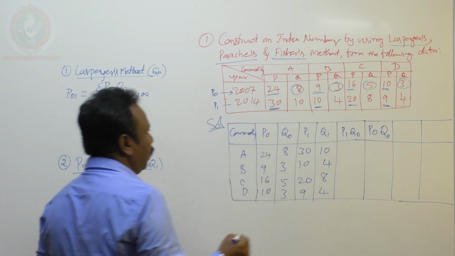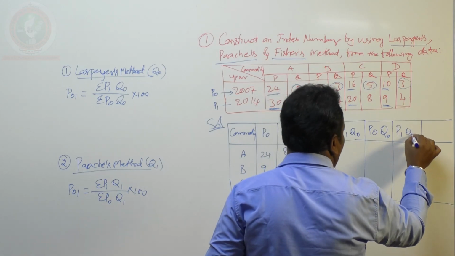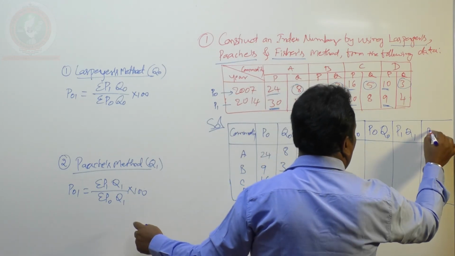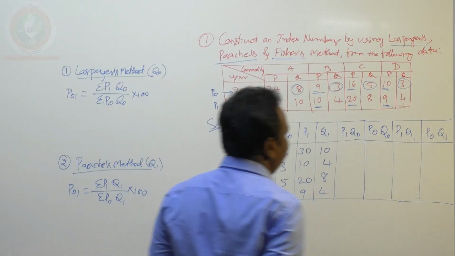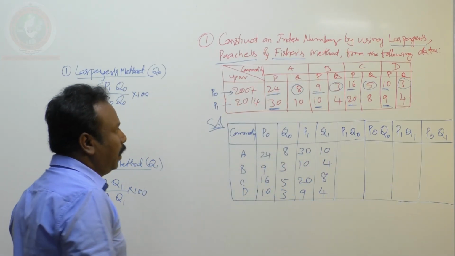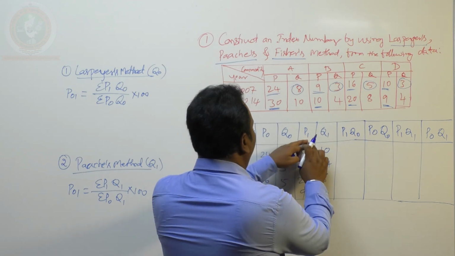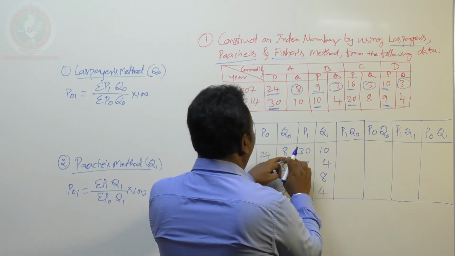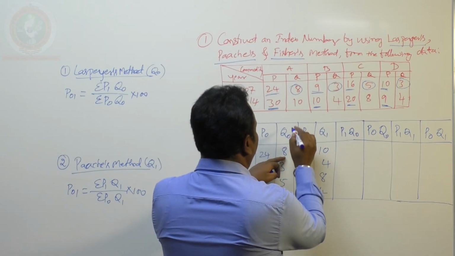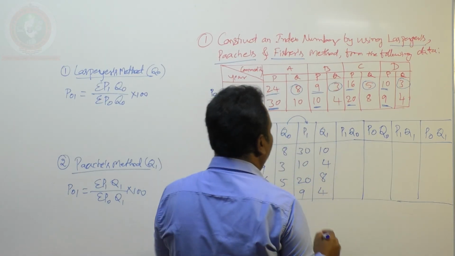That is the formula for Paasche's method. Now, we have to calculate P1 Q1 and P0 Q1, just by multiplication of these numbers. Now, P1 Q0: multiplication of these two values.